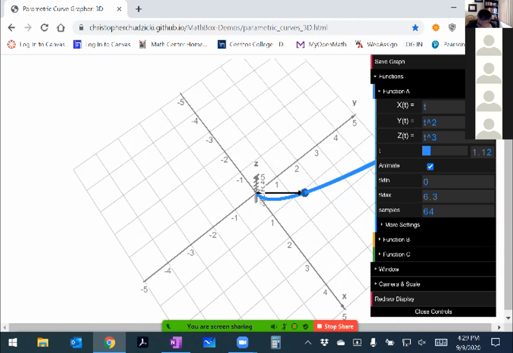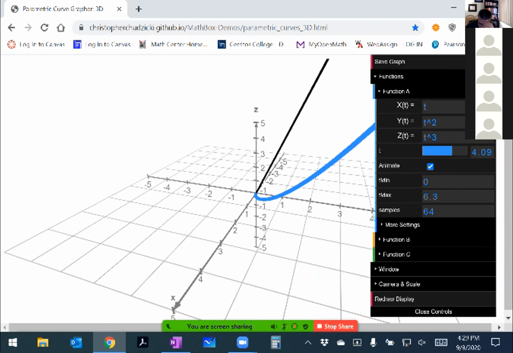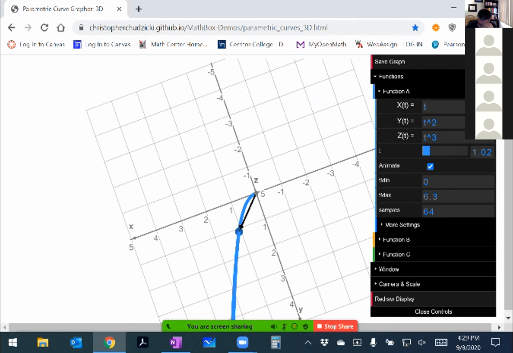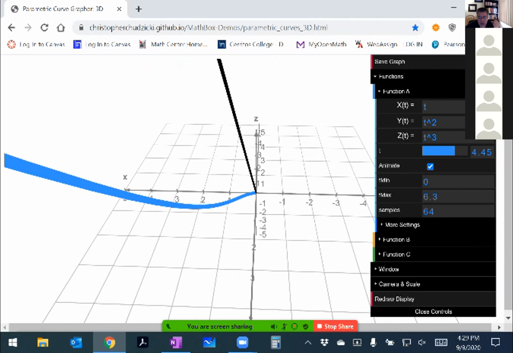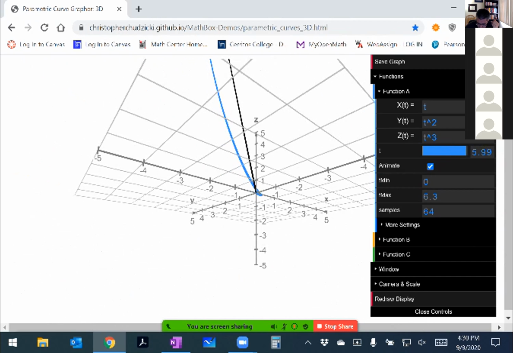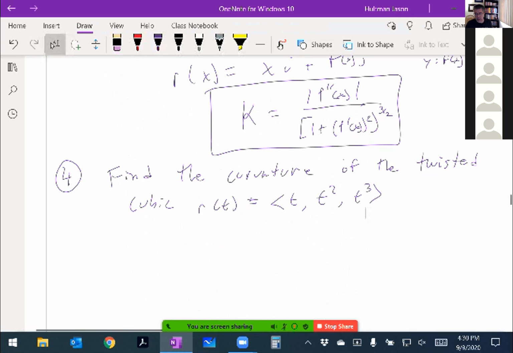The y coordinate and the z coordinate start gaining speed, and so this is called the twisted cubic. Okay, it's twisted. That's kind of a good perspective there. Kind of like a big slide that goes off to infinity. Anyway, I felt you should see that at least once, what that thing looks like.